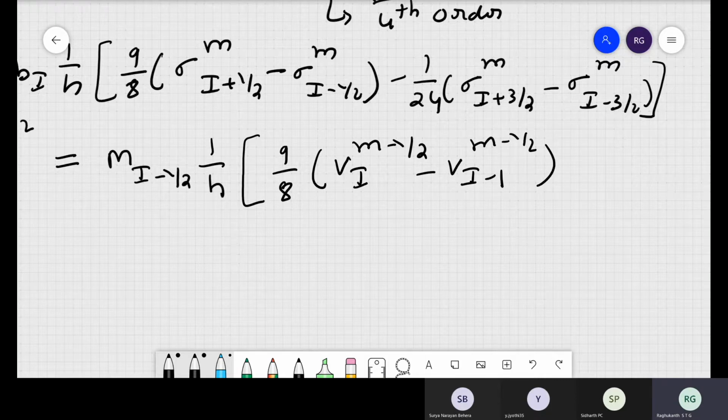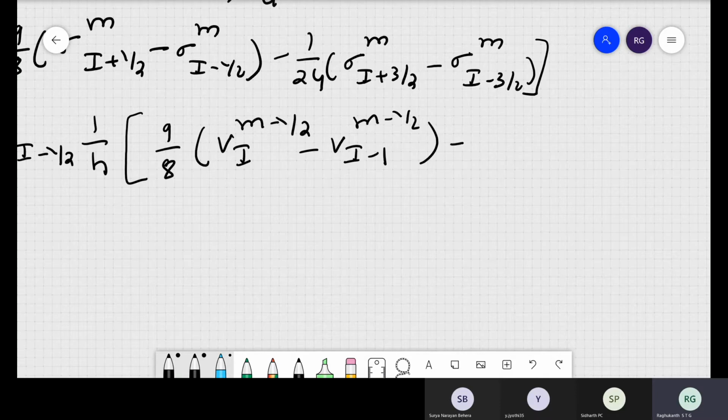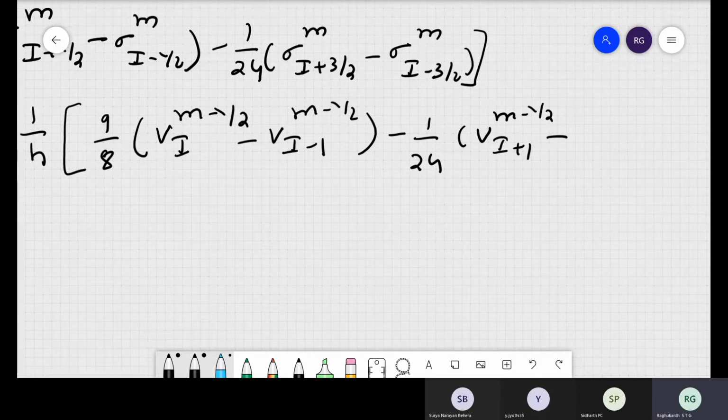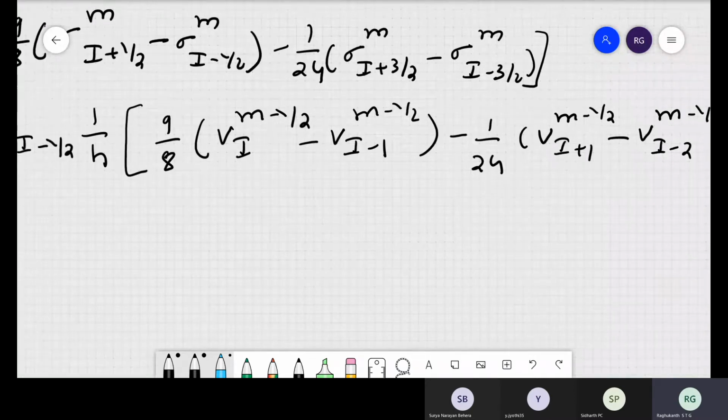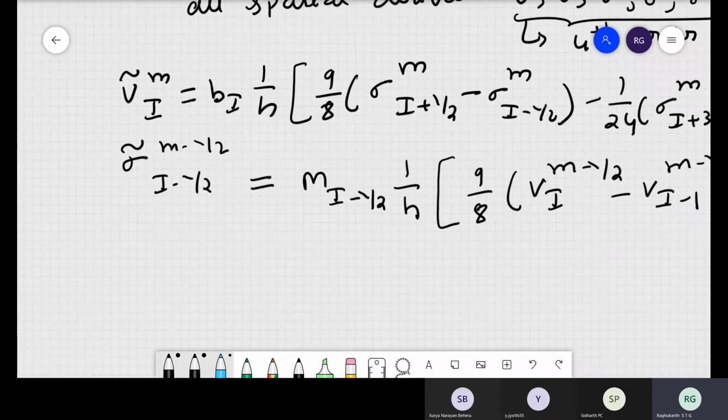This is the first term, and now we have 1 by 24 times v_{i+1} at m minus half minus v_{i-2} at m minus half. This is how we have approximated these derivatives. So we had sigma hat in a fourth order scheme itself.